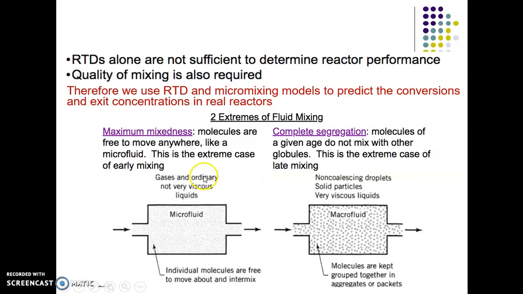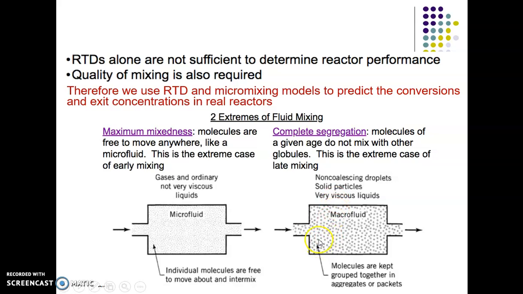So what is maximum mixedness? It is where molecules are free to move anywhere, like a microfluid. If you look at this diagram, this is the extreme case of early mixing. Compared to this model, in the complete segregation model, the molecules of a given age do not mix with other globules.